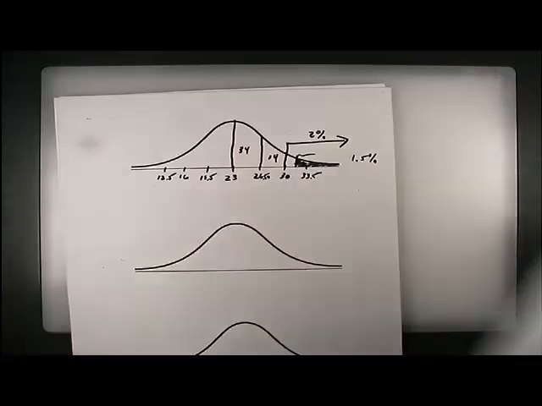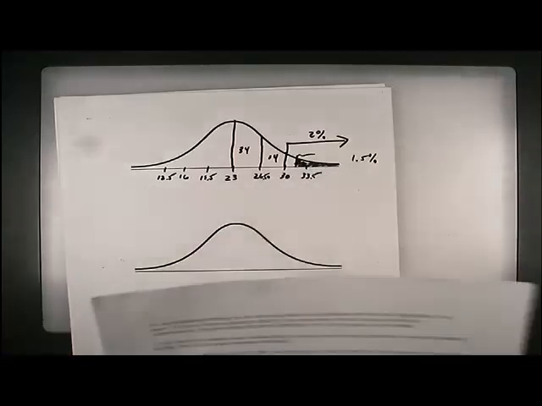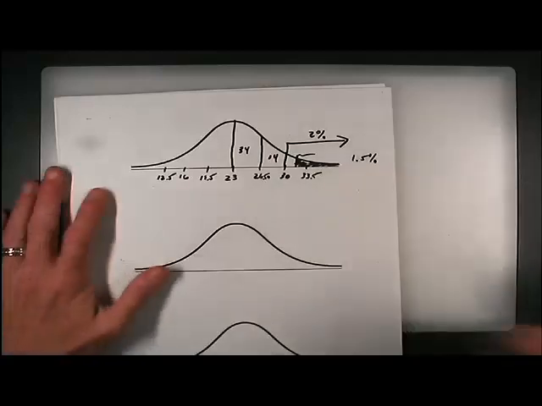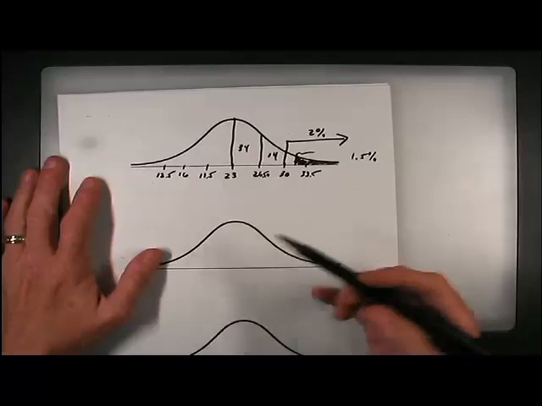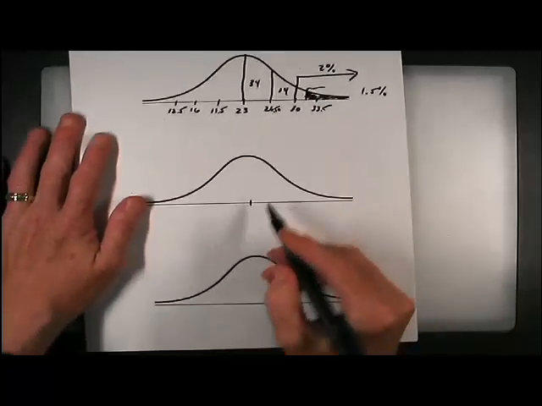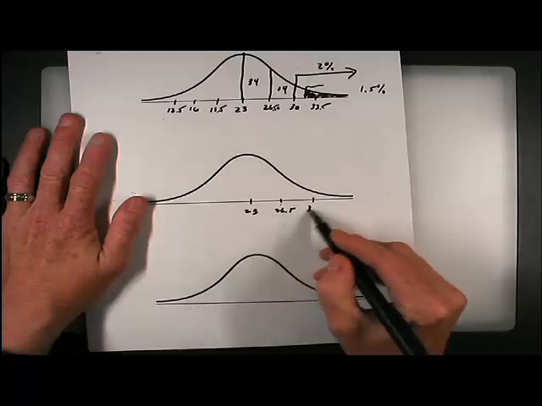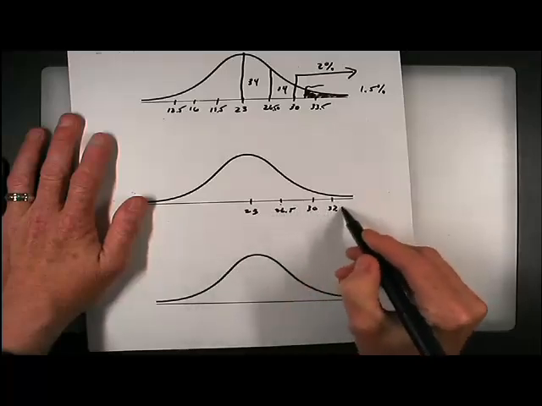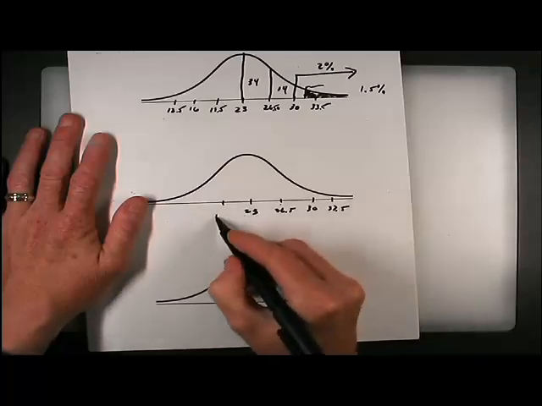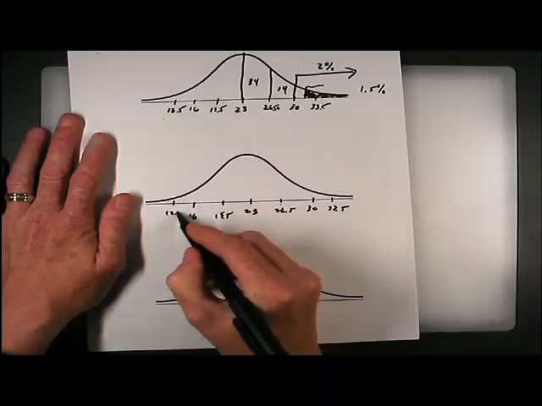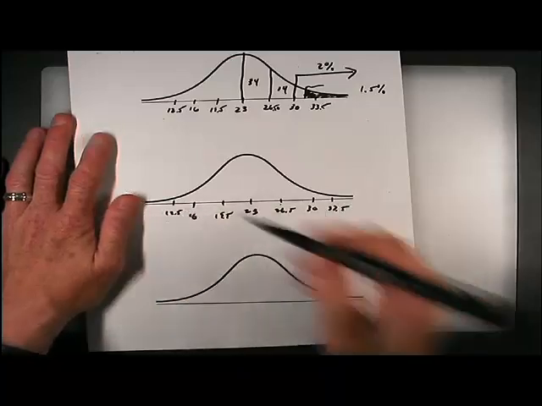Then you can shade in the area that you're looking for. Then it says, if someone bought a car for $16,000, what would be the rough estimate of the proportion of cars that cost an equal amount or more than this? Just to make it clear: 23, 26.5, 30, 33.5, 19.5, 16, 12.5, and I said 16,000.